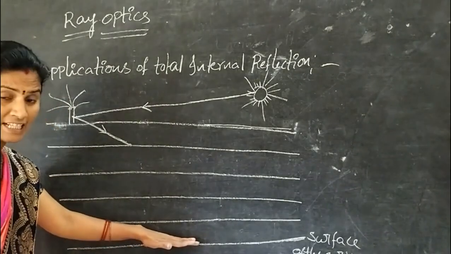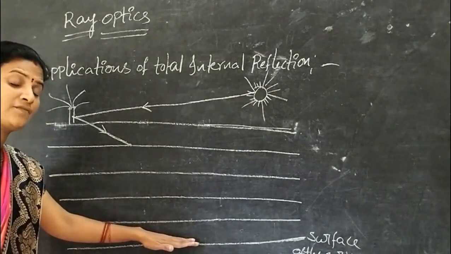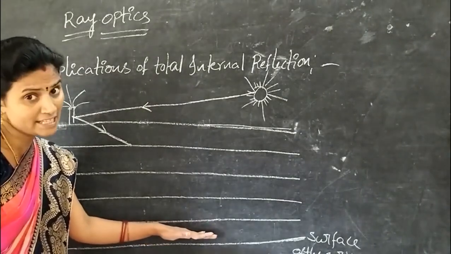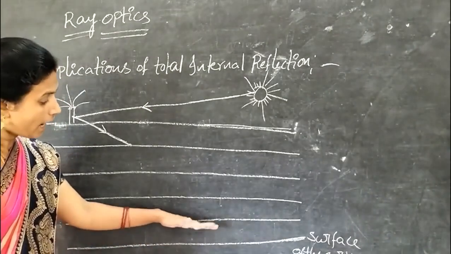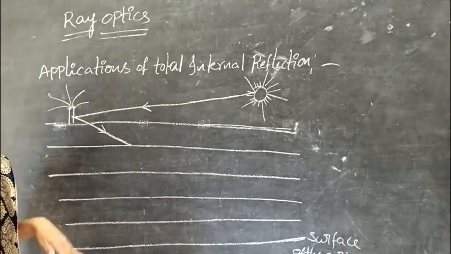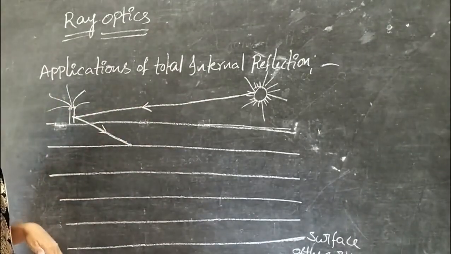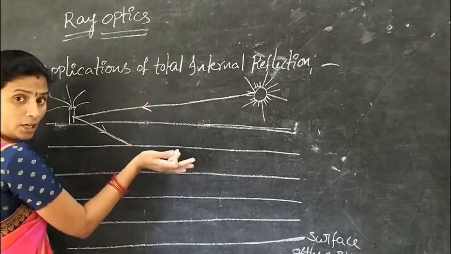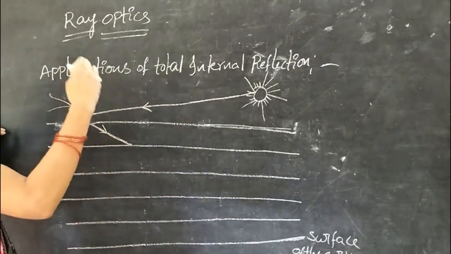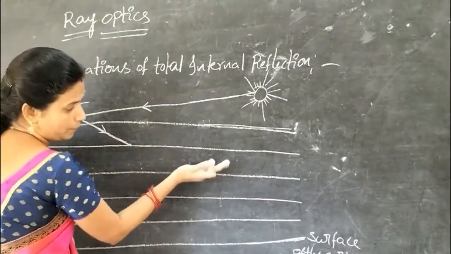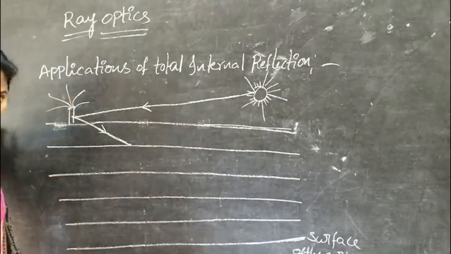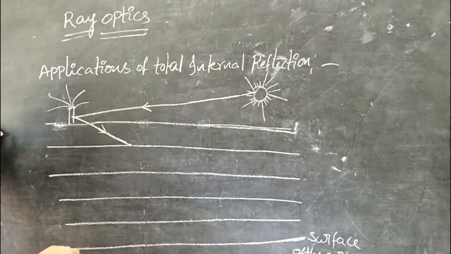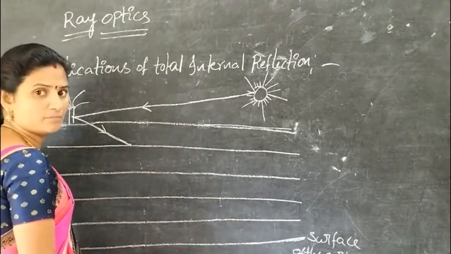The air layer which is very close to the earth surface is too hot compared to the upper layers. So whenever we go to the upper layers, it will be cool. That's why it will act as a denser medium.